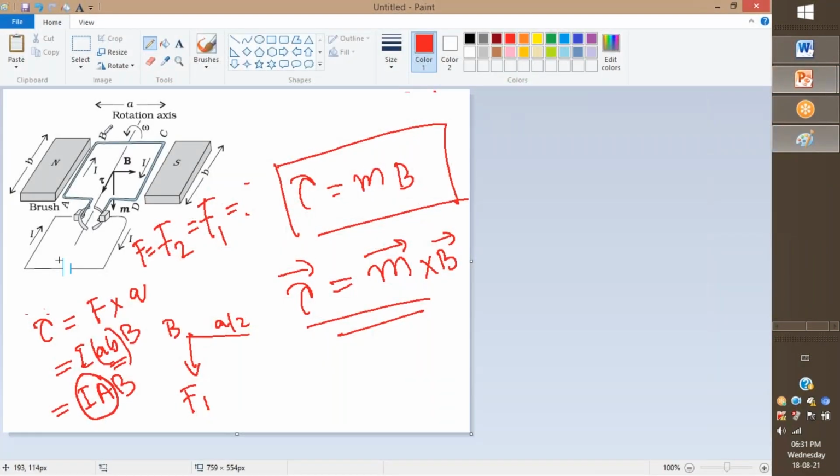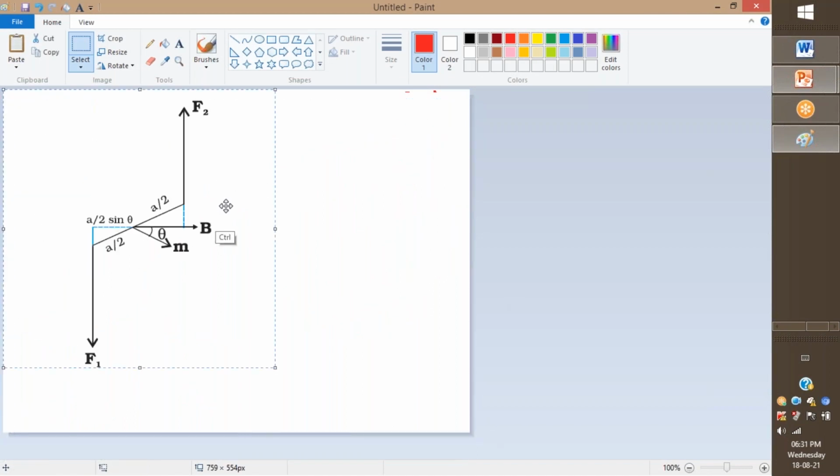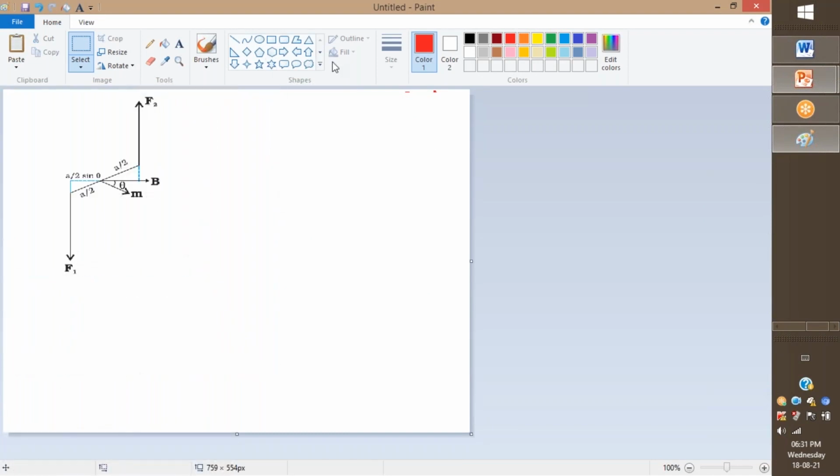So here in this case the perpendicular distance, I'll just take this figure. Okay, so you can see this figure. In this case the perpendicular distance is this.